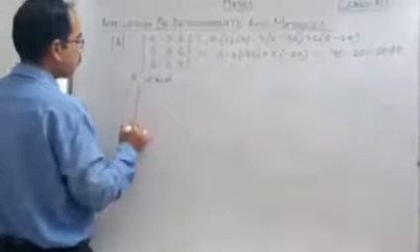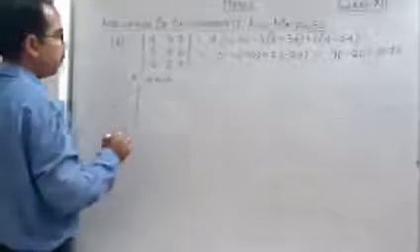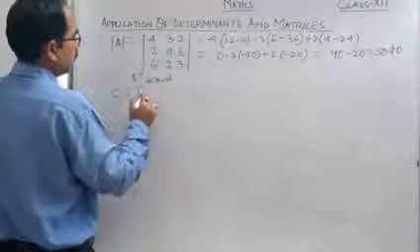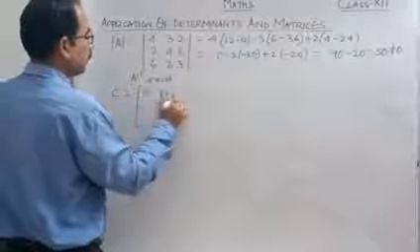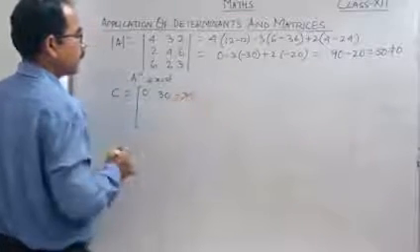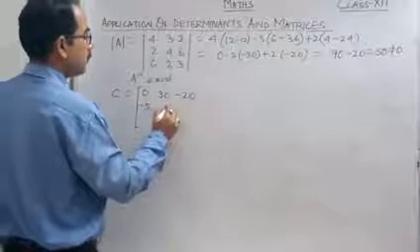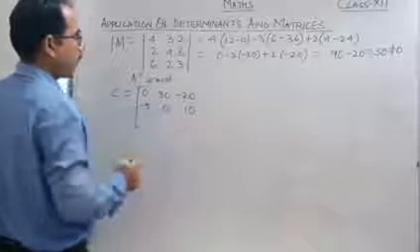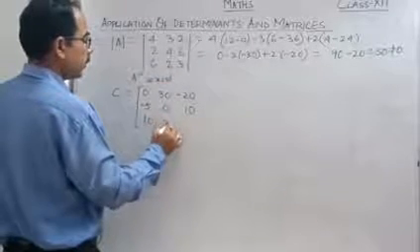So the cofactors of the given matrix A will be here 0, 30, minus 20, this one will be minus 5, 0, 10, and this will be 10, minus 20 and 10.